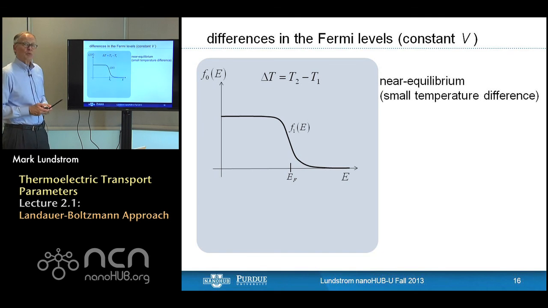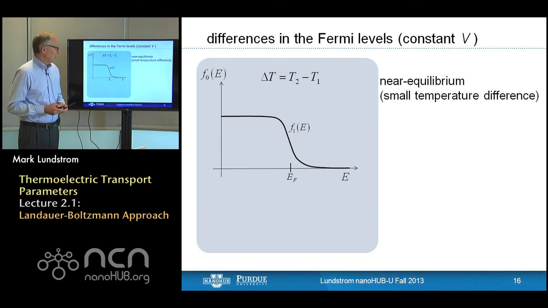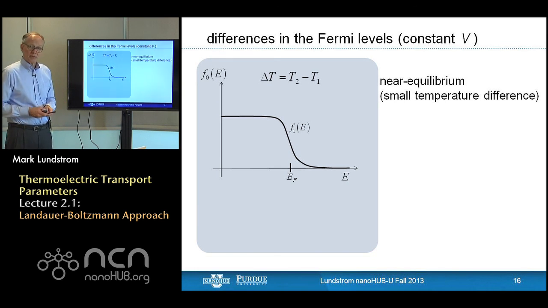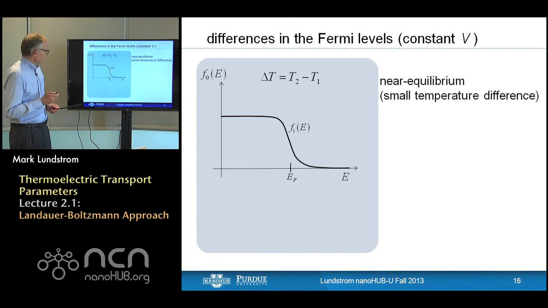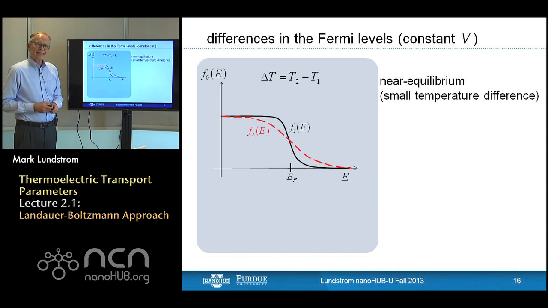Now, there is a different way that we could lead to current flow. We could have the same voltage between the two contacts, so we have the same Fermi level. Fermi level in contact 1 is just what it was before. Now, if contact 2 has a hotter temperature, then the transition between 1 and 0 is spread out in energy, and now we have a difference between the Fermi functions between the two contacts. It's interesting to note that in this case, below the Fermi level, the difference F1 minus F2 is positive.